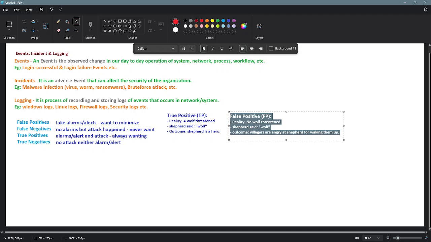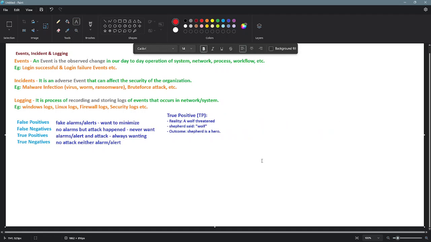So this is something called a false positive. Okay. Are there any questions?